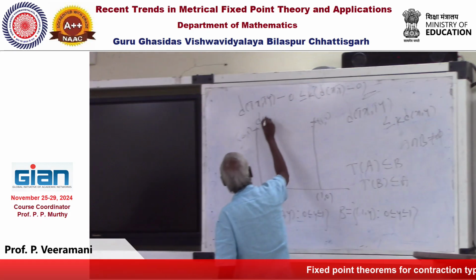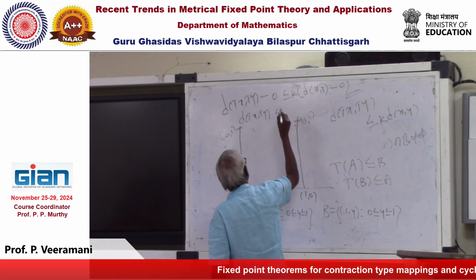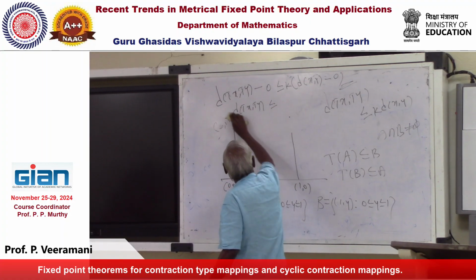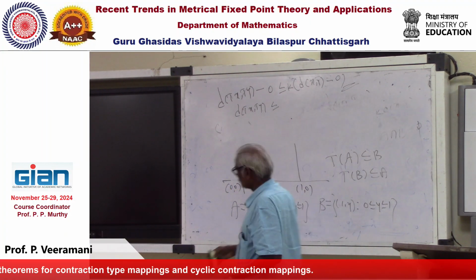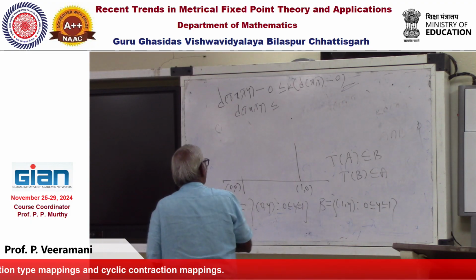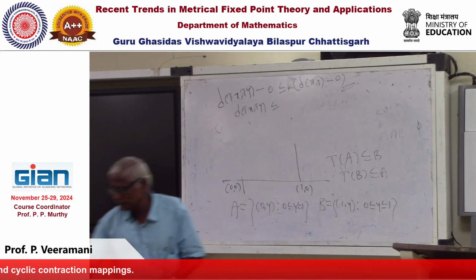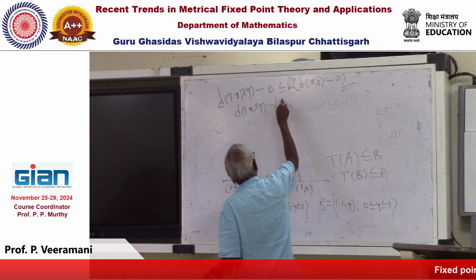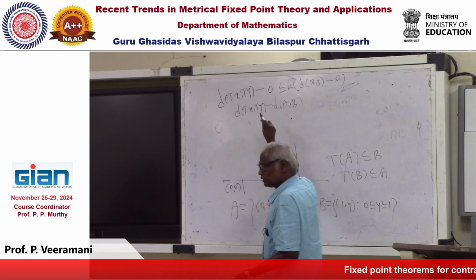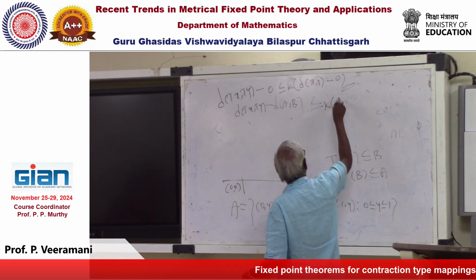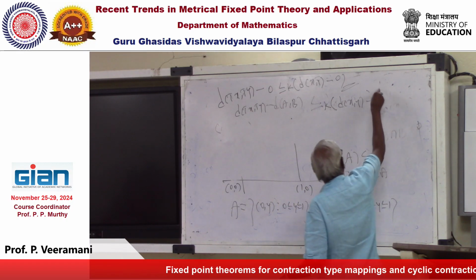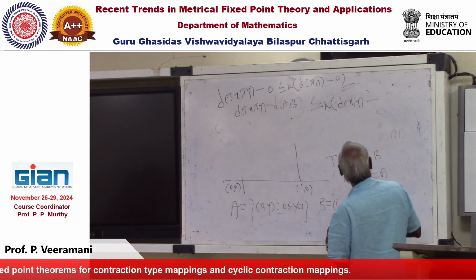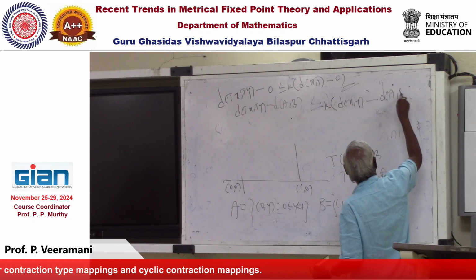So the distance between Tx, Ty is less than or equal to, minus the distance between A comma B. If sigma is 0, then this is less than A times the distance between x, y minus the distance between A comma B. That in particular will be 0.